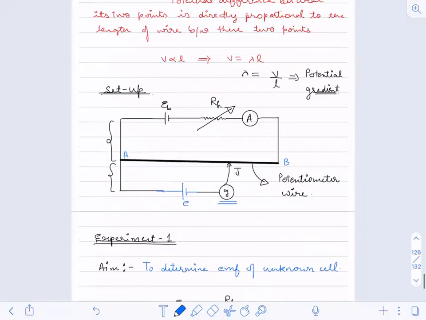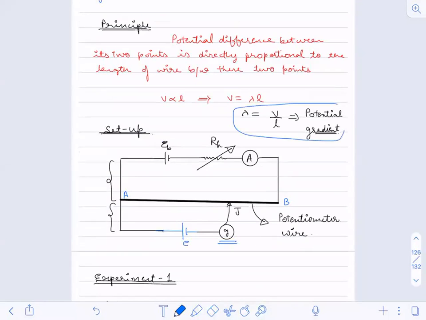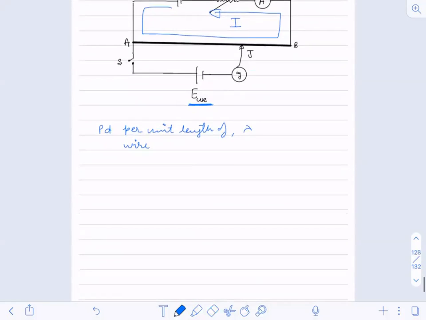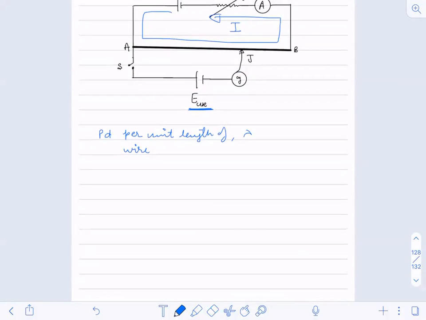I told you, V by L, where V is the potential difference across A and B, and L is the length. So potential difference per unit length of wire AB is lambda, or I can say potential gradient.